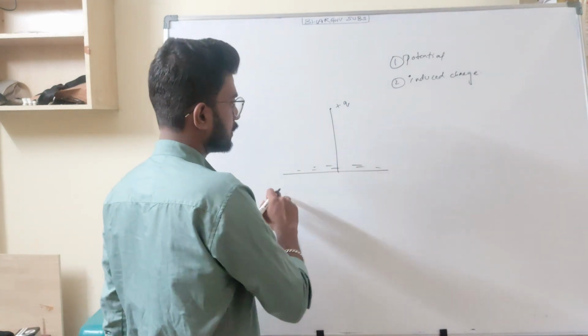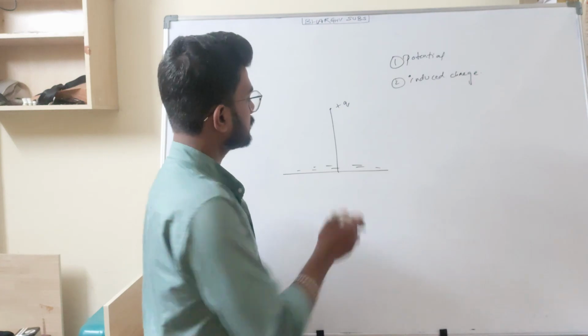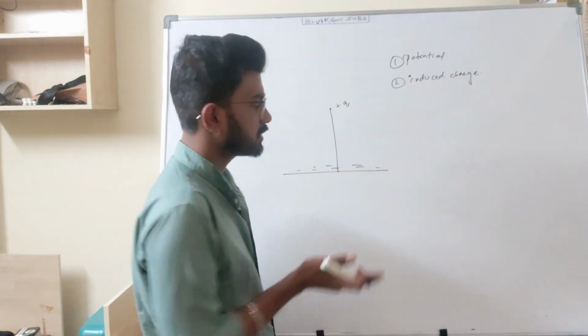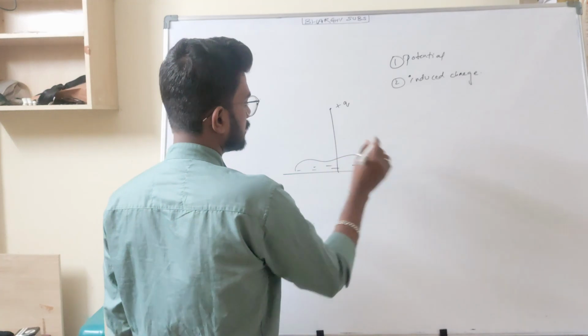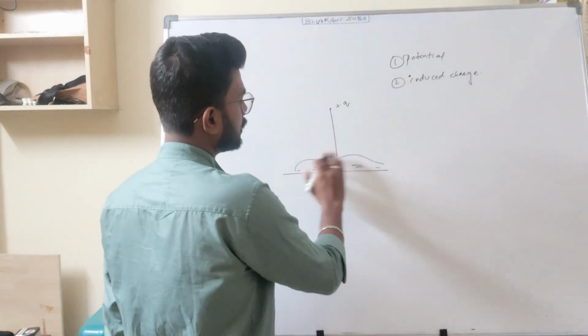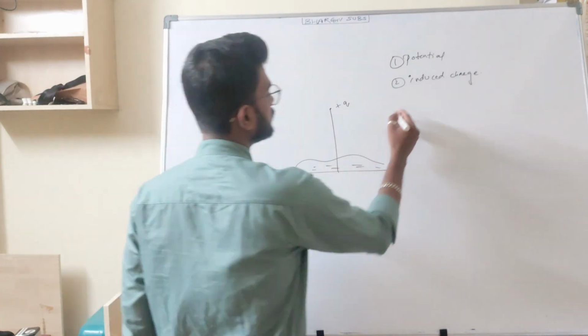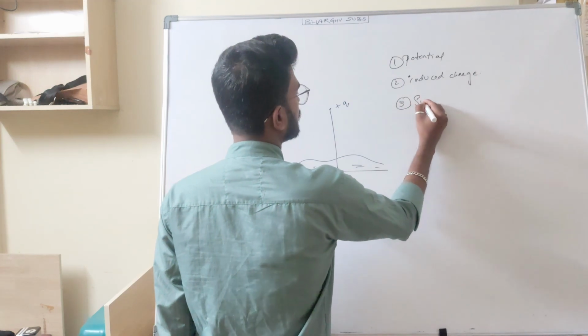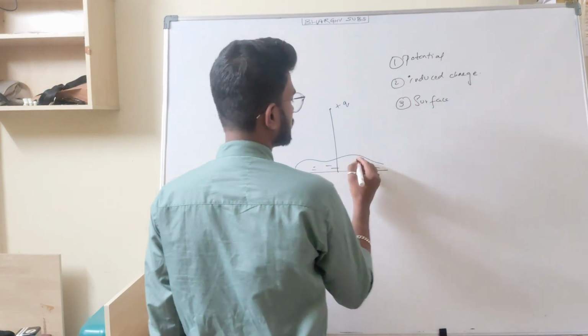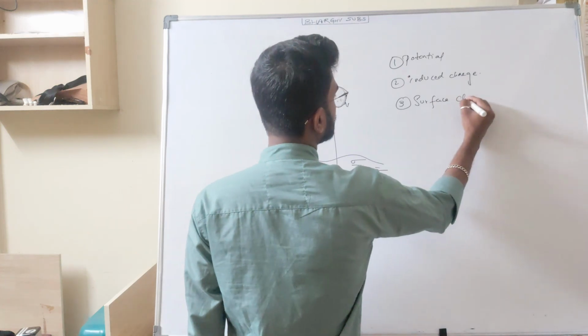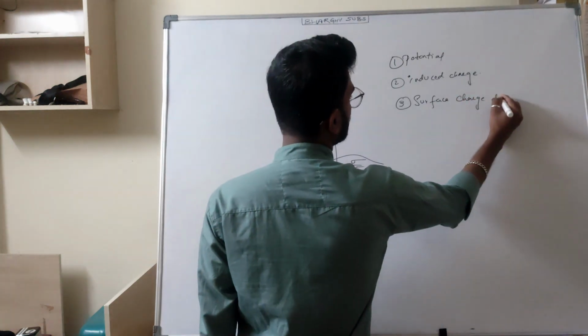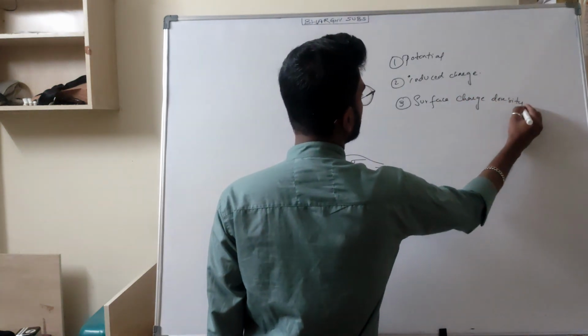So due to that plus q charge, some negative charges come to one side, so that there is a creation of surface charge density on the surface. I have to find this surface charge density, which is denoted by sigma.